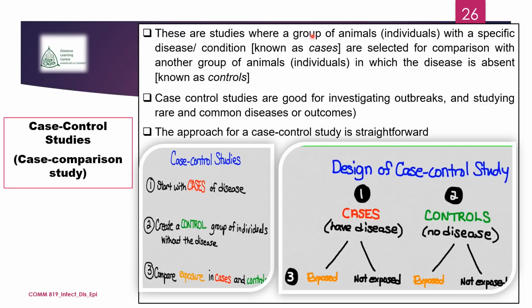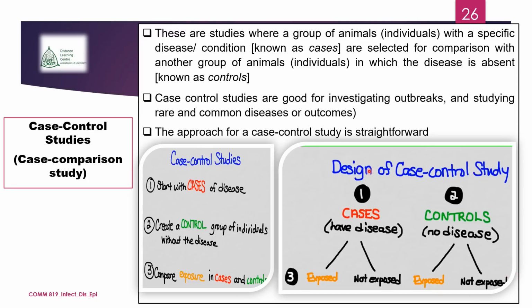Then you expose those cases to the risk factor. You expose them, and another group you don't expose. Then the control, you also expose the control here, and another group you don't expose.